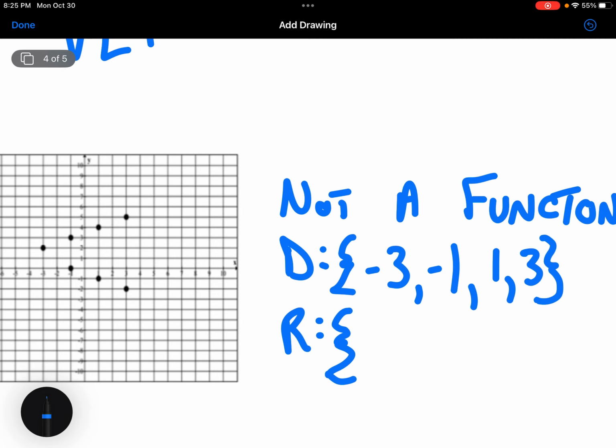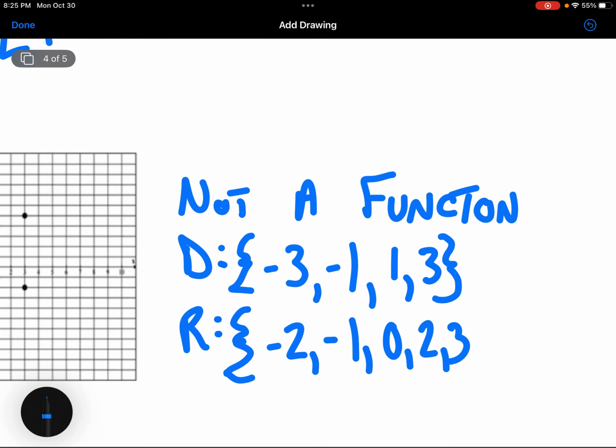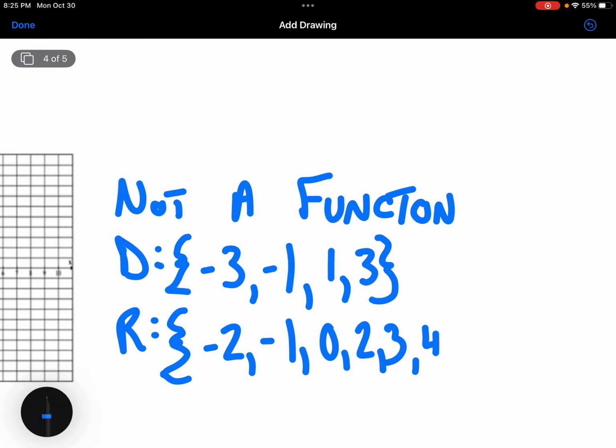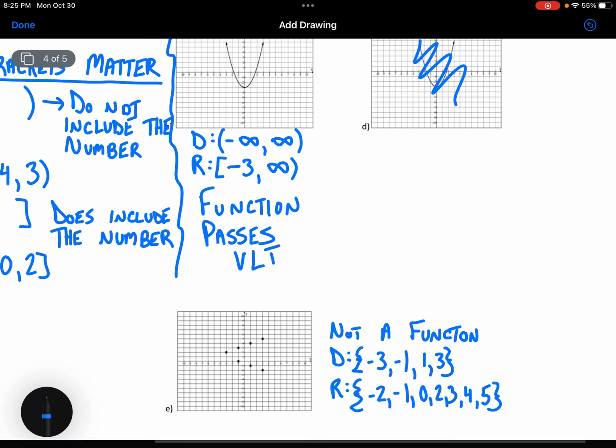Whoa. But it doesn't, we don't know because it's not actually connected. So the range goes -2, -1, 0, 2, 3, 4, and 5. Wow, that's kind of some weird numbers.